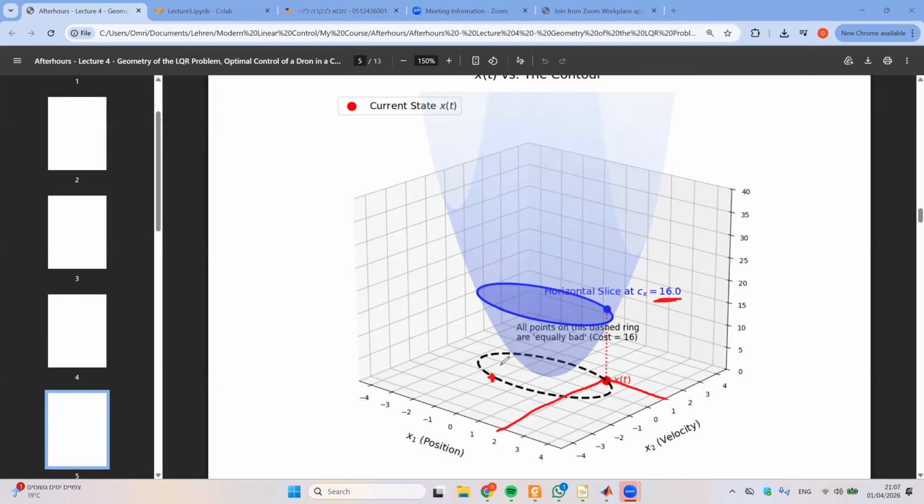So everything here is quite symmetric, and our goal is for our state to go down the ball because we want to minimize the cost. Minimizing the cost means going all the way down to the bottom, and clearly the same with the control cost. We want to minimize the costs. This means that our optimal trajectory and our optimal control will have to go down these two balls.